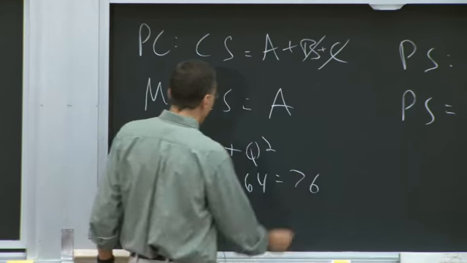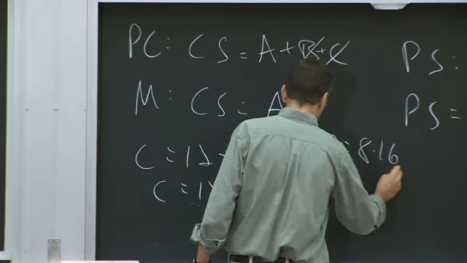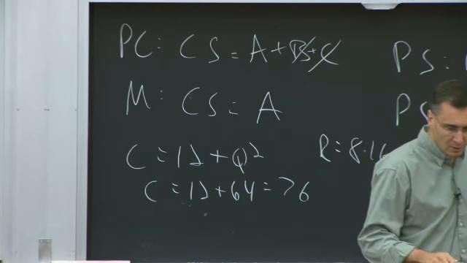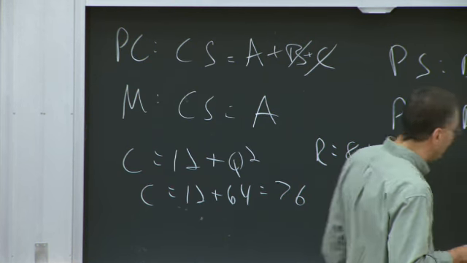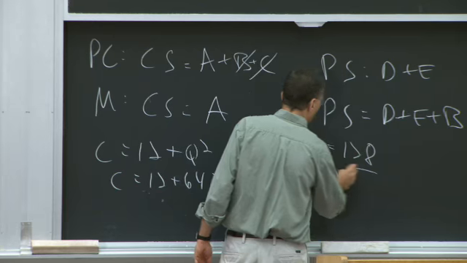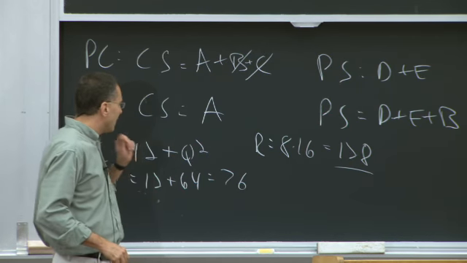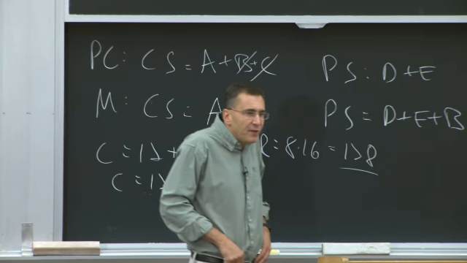Their revenues, if they sell 8 units, are 8 units times the price of 16, which is 128. So what are their profits? Their profits are 52.